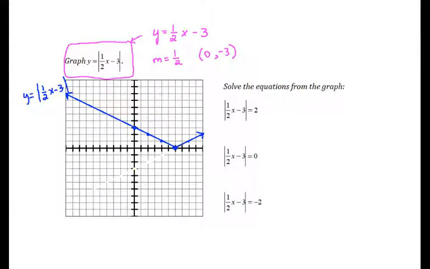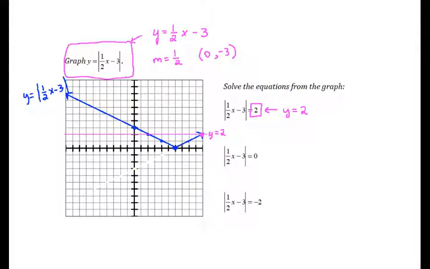We're going to use this graph to solve 3 different equations. For the first equation, I want to look at intersections with the line y equals 2. This is a horizontal line, so I'll go ahead and draw that in right there at a y value of 2. And look for the intersection points.